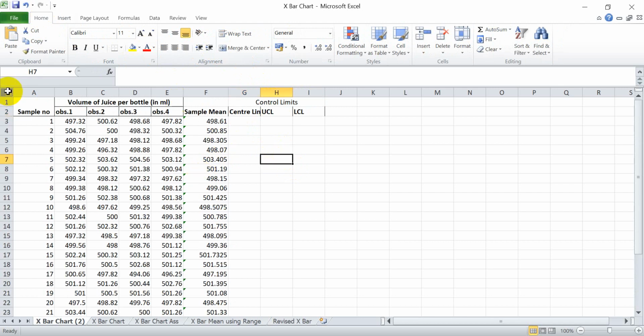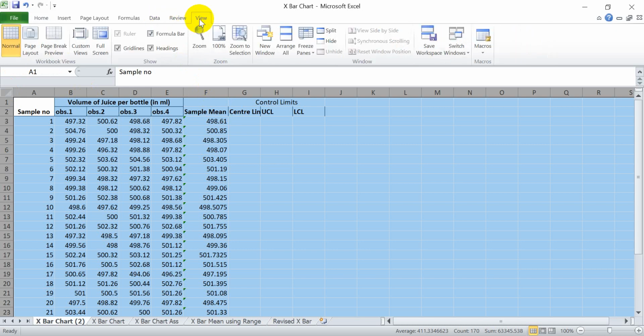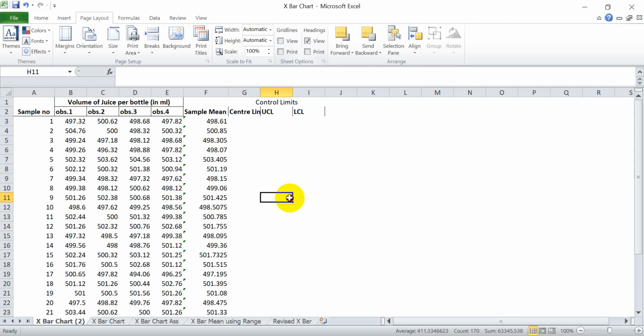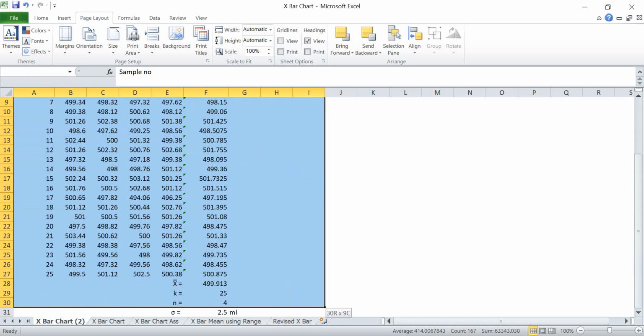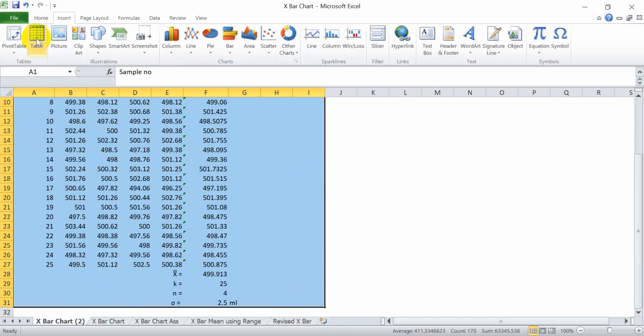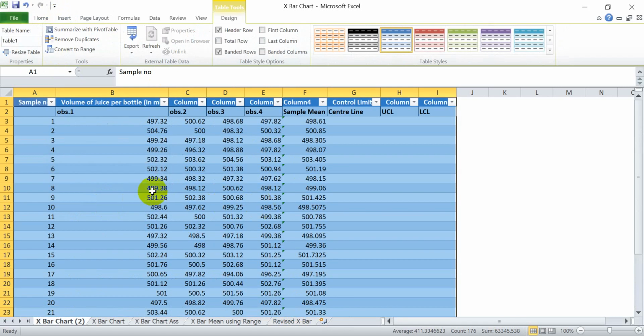I just do one thing, some basic Excel tactics for better understanding or for a better view. Just omit these values and put a table.